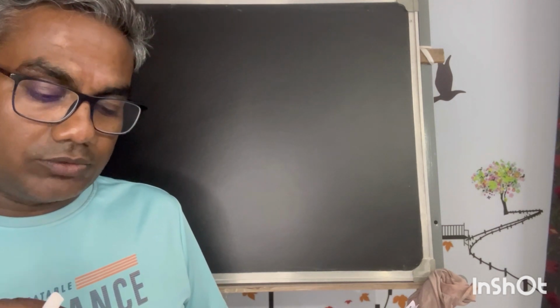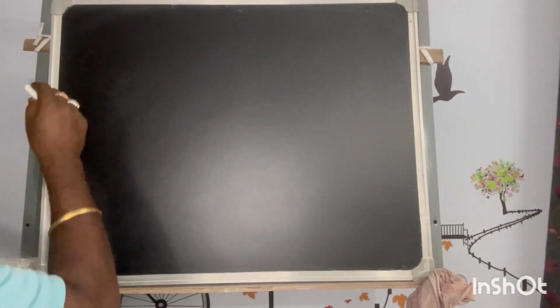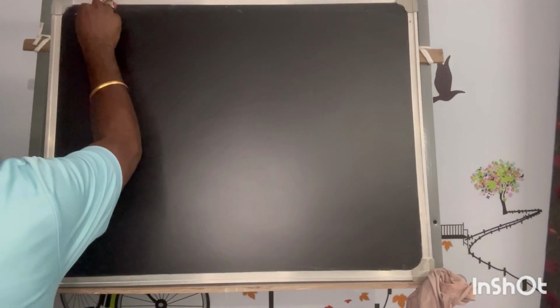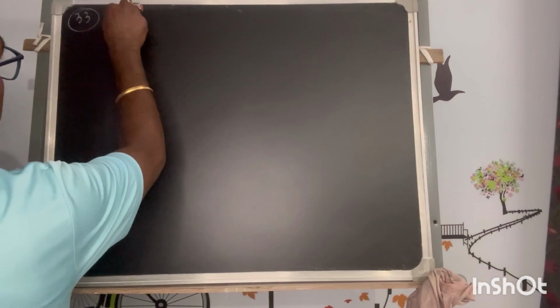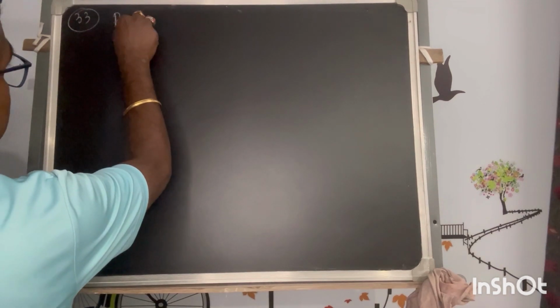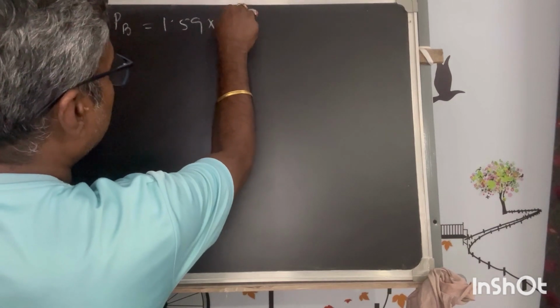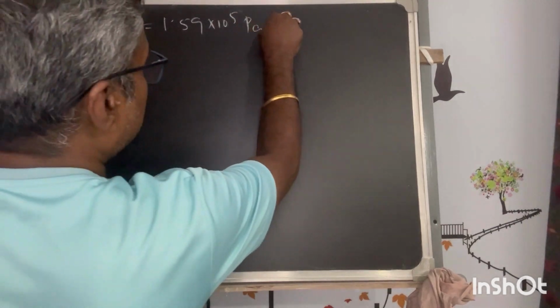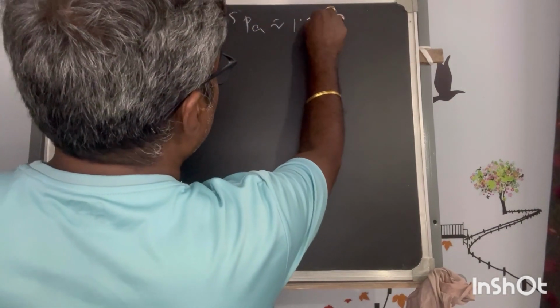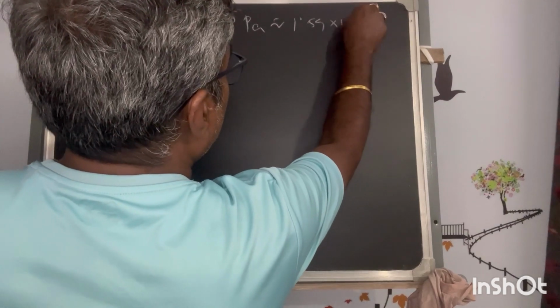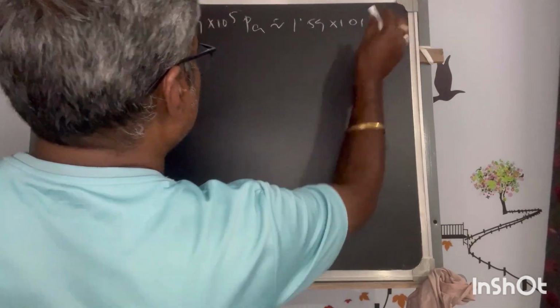If you remember, it was asked what would be the ordinary pressure gauge reading at B. Whatever I calculated in 33, the pressure at B is 1.59 into 10 to the power 5 Pascal, or equivalent to 1.59 bar.